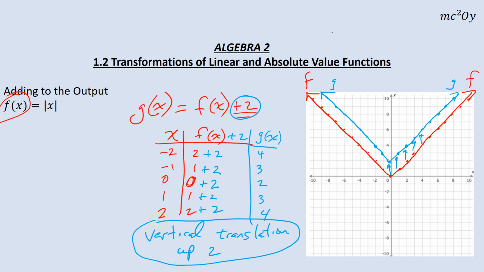Okay, and so remember, output means it happens on the outside of the parentheses in terms of our function notation. So if you think of here's the inside of the parentheses, well, this happened outside of those parentheses. And whatever happens on the outside affects your y-axis. Okay, and it moves it vertically. All right. That's a pretty easy one to see.